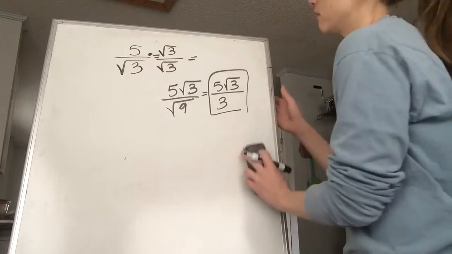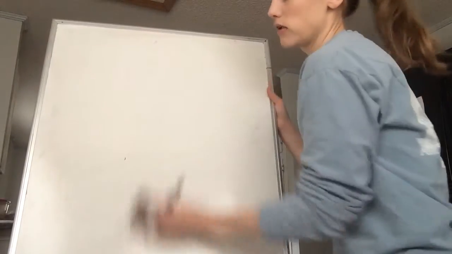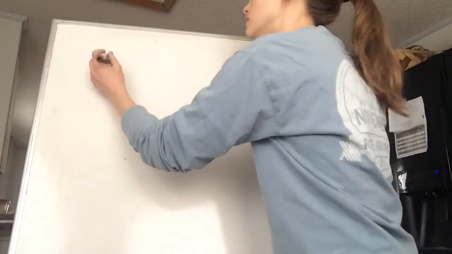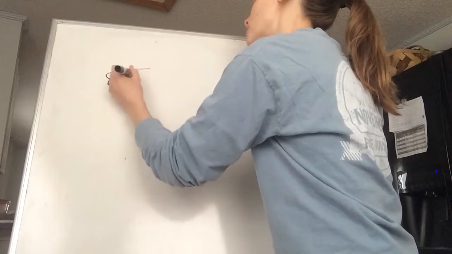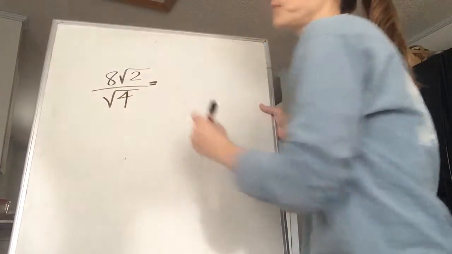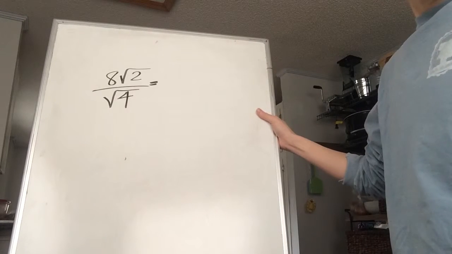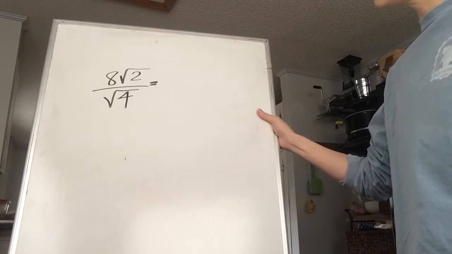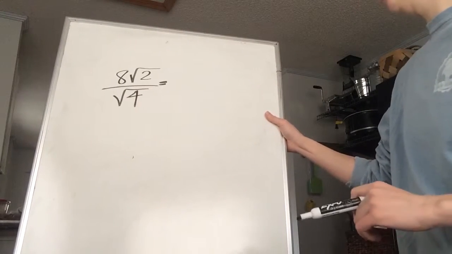Okay, number 5. So 8 times the square root of 2 over the square root of 4. Well, first of all, the square root of 4 is a perfect square.